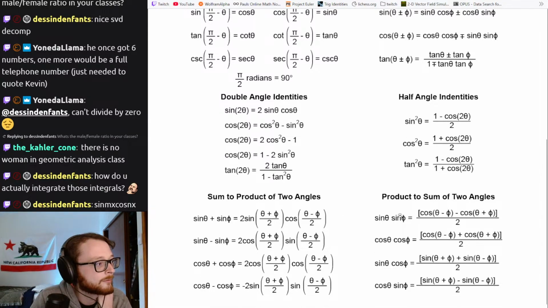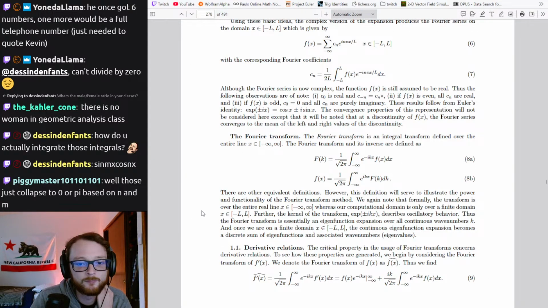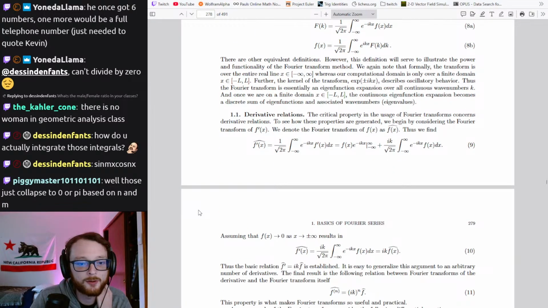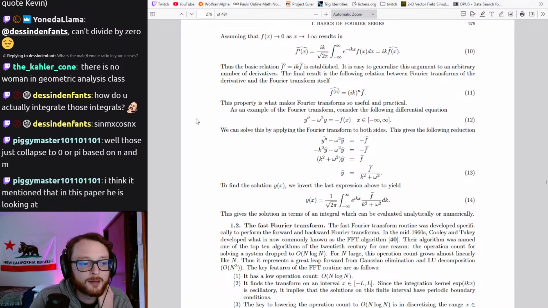Like one of these bad boys in the lower right. And yeah, as Piggy Master said, if you integrate it over a period, it's gonna be 0 probably.